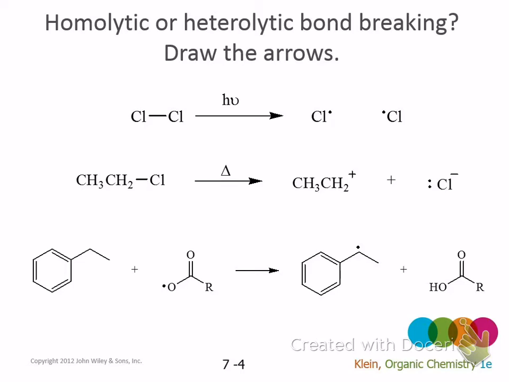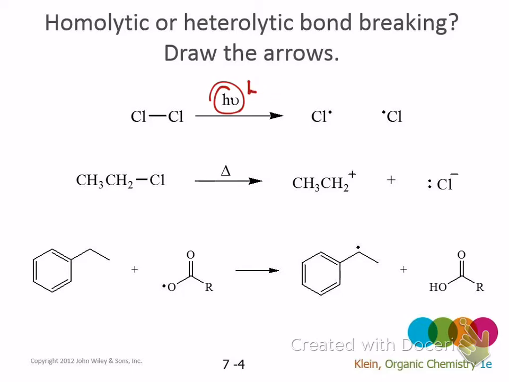How do you abbreviate light on a reaction arrow? It's usually h nu. We don't draw a squiggly line like the wave of light. We usually write h nu, so this represents light.